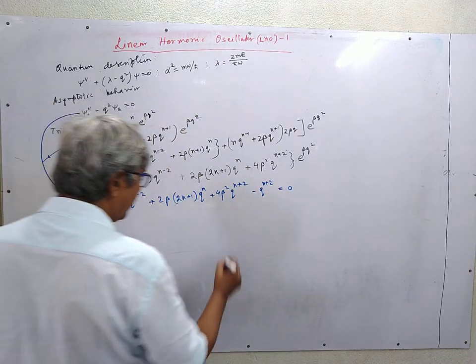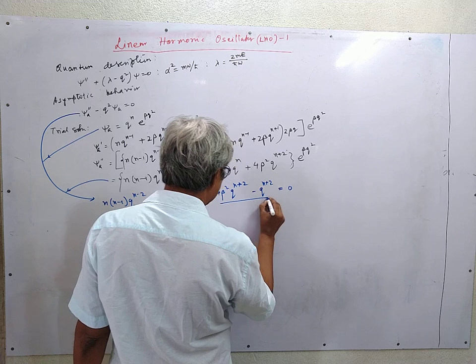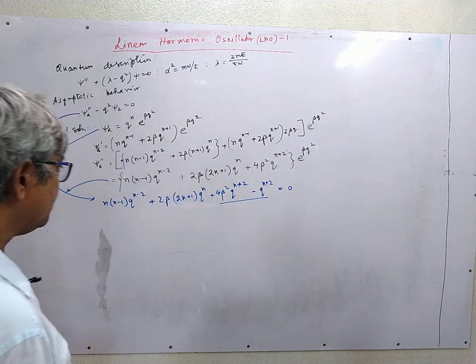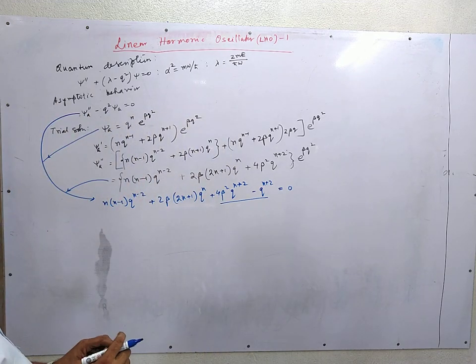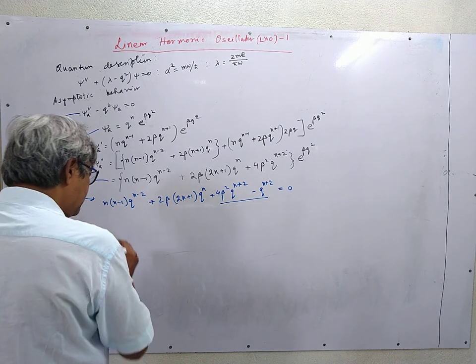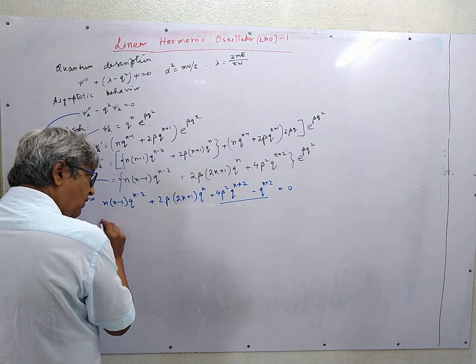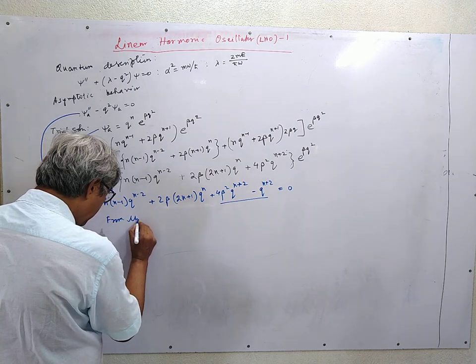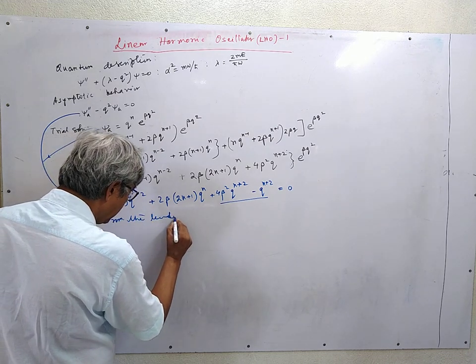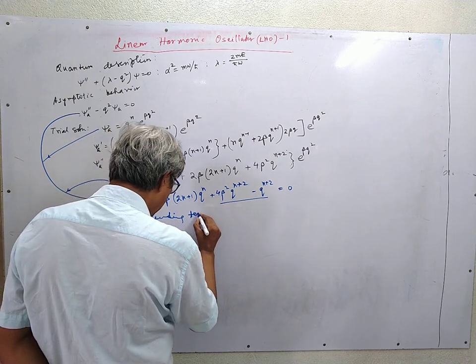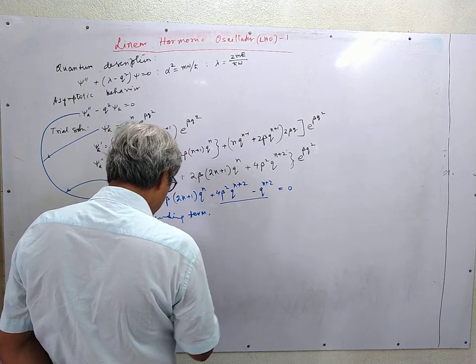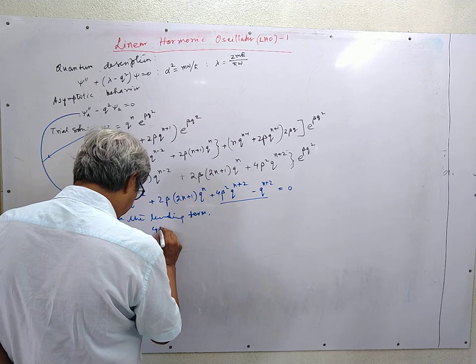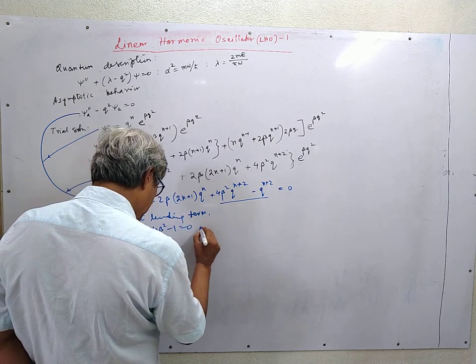The leading term in this differential equation is this, and beta should be so chosen that this leading term gets cancelled. That is, from the leading term we get four beta square minus 1 is equal to 0.